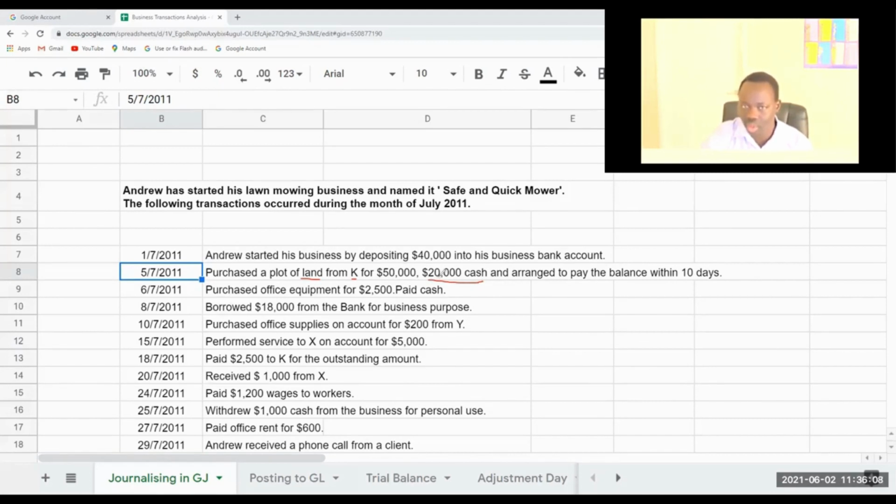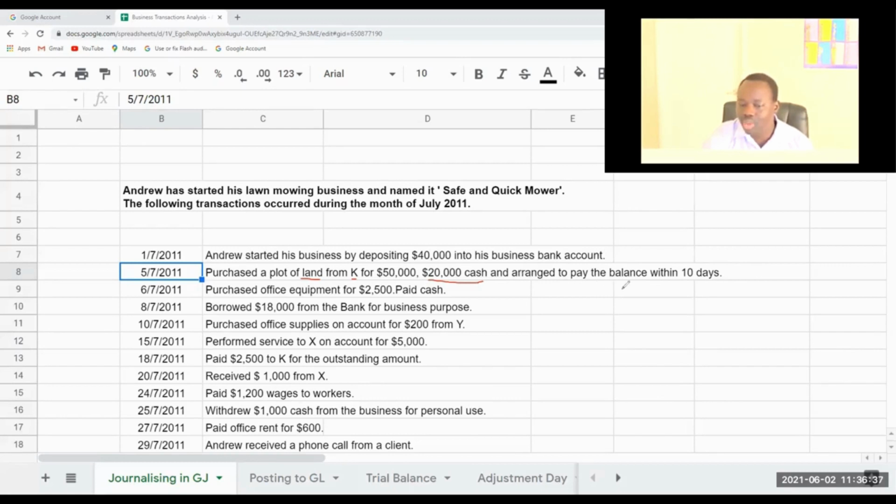And from the rules of the accounting equation, the debit side and the credit side must always be equal. So what are we going to do? The difference between this and this will give us $30,000. And that $30,000 is the portion of money that will be paid within 10 days.